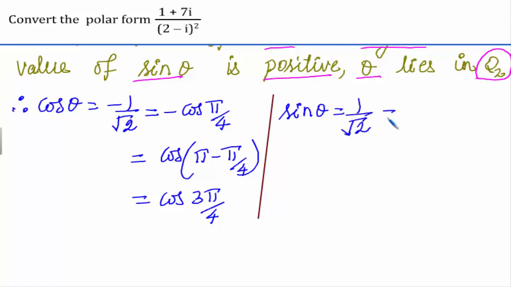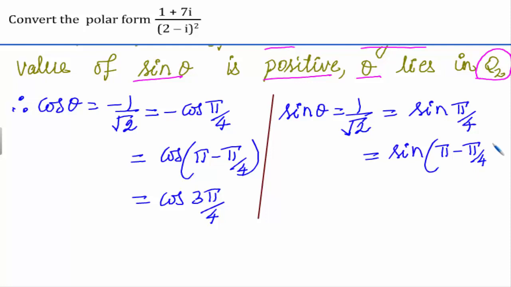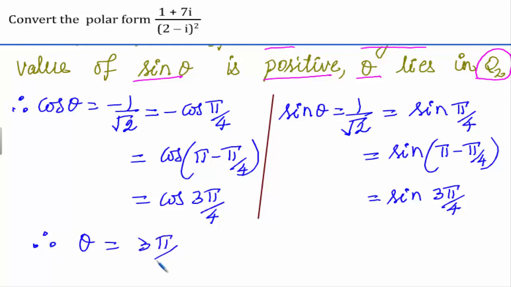So this will be equal to sin pi by 4. Since theta lies in the second quadrant, we have sin of pi minus pi by 4. This will be equal to sin 3 pi by 4. Therefore, theta is equal to 3 pi by 4.